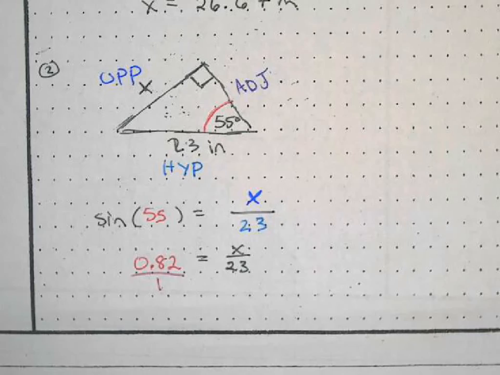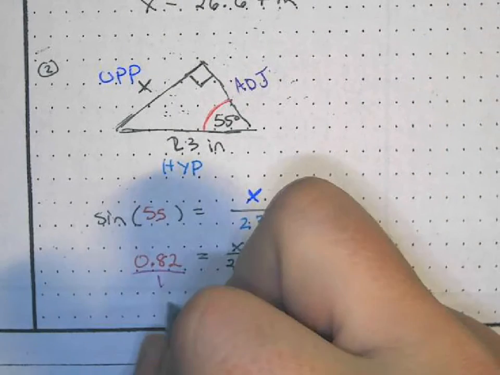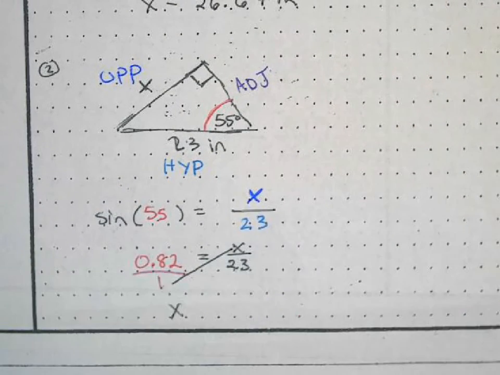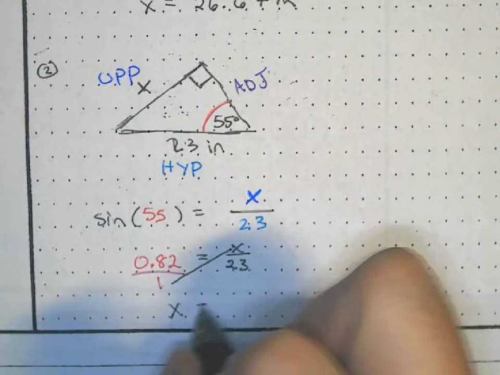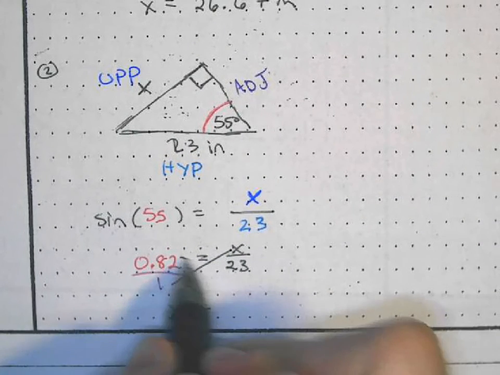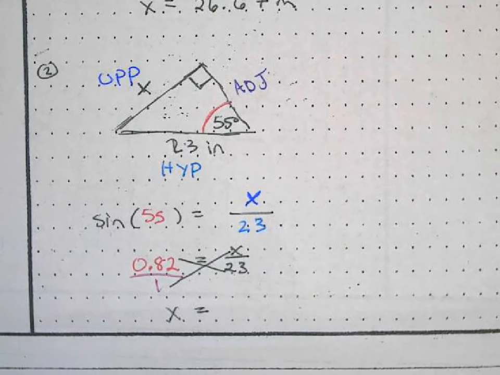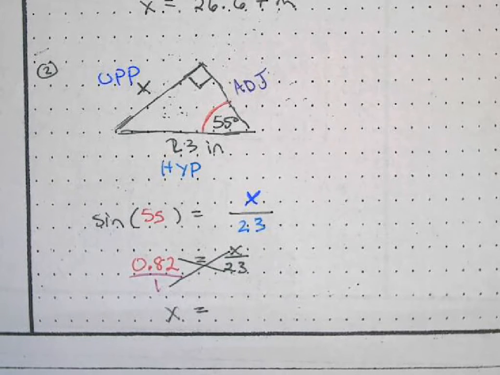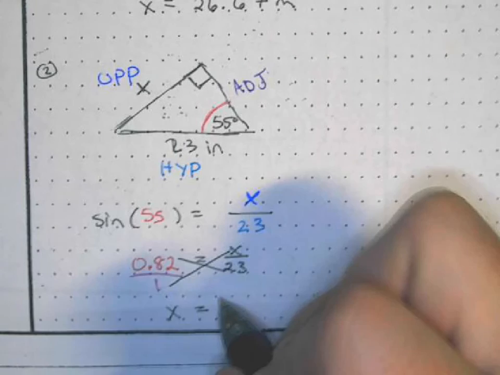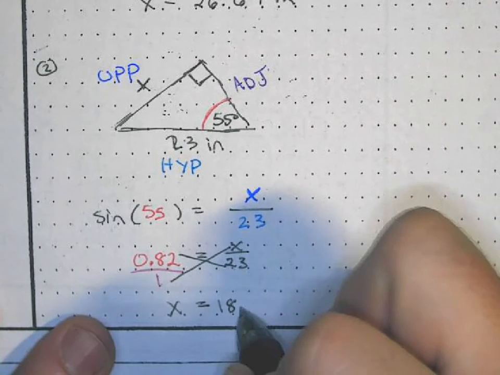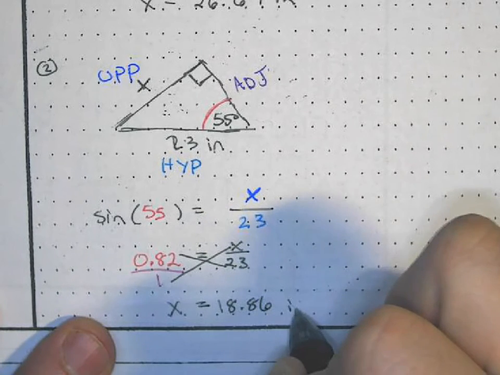So 1 times x is x, is equal to, cross multiplying, 0.82 times 23. So I'll go 0.82 times 23, I'm using my calculator, is equal to 18.86 inches.